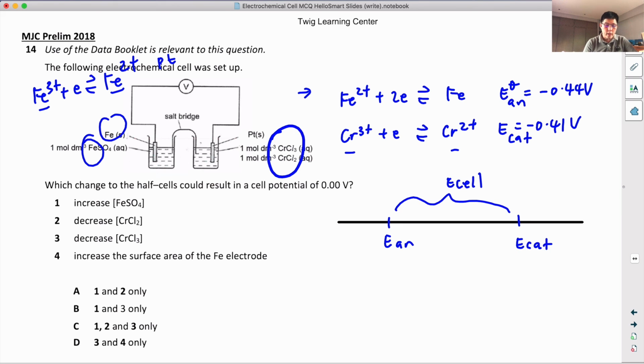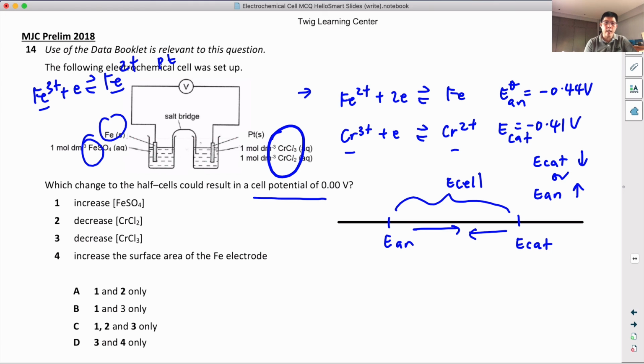The only way it can go down to 0 is when E cathode must decrease or E anode must increase, because if this one decreases and this one increases, the E cell will become 0. So that's how it works.